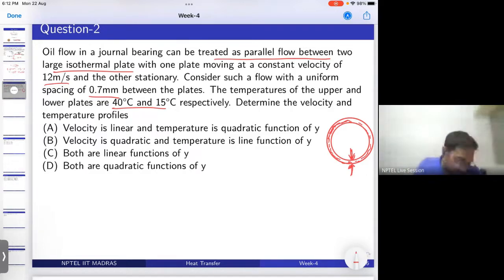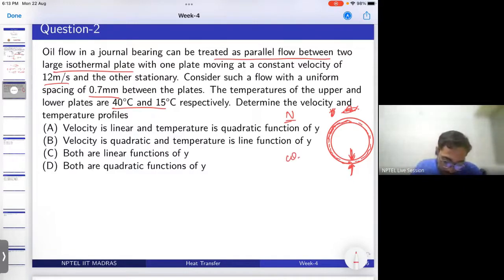In this question, the velocity is given directly. But in some cases, the omega or the RPM of the bearing or the shaft will be given. That is, N will be given in some questions.